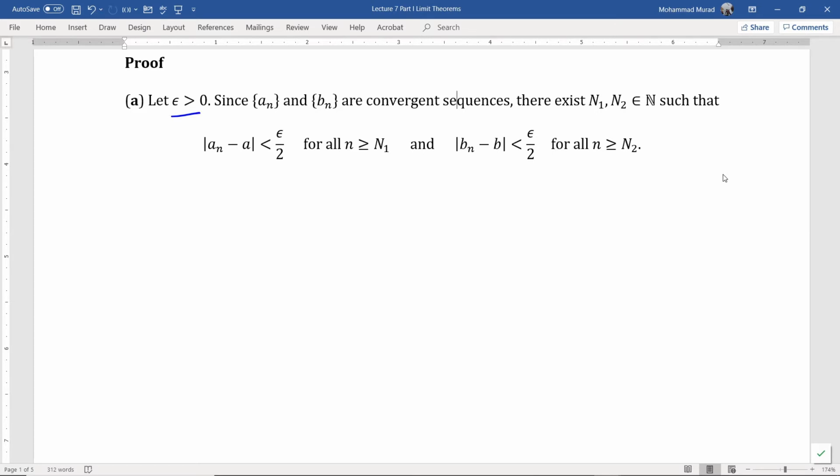Let epsilon be given. Since the sequences a sub n and b sub n are convergent, there exist positive integers n sub 1 and n sub 2 such that the absolute value of a sub n minus a is smaller than epsilon over 2 for all indices n greater than or equal to n sub 1, and the absolute value of b sub n minus b is smaller than epsilon over 2 for all indices greater than or equal to n sub 2.